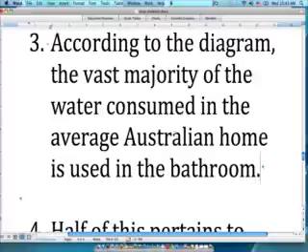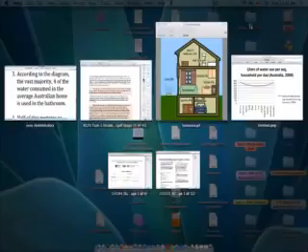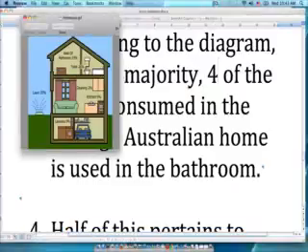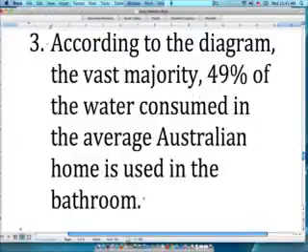Now, I'm going to stick in the figure here too. According to the diagram, the vast majority, comma, let me just get that diagram out here again. I think it was 49%, was it? 23% plus 26%, 49%. The vast majority, 49%, comma, of the water consumed in the average Australian home is used in the bathroom.